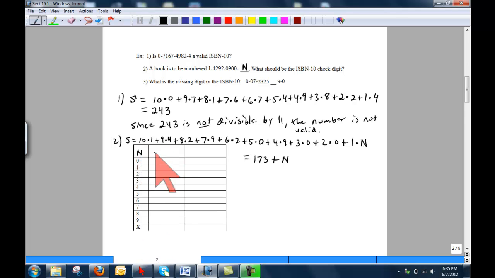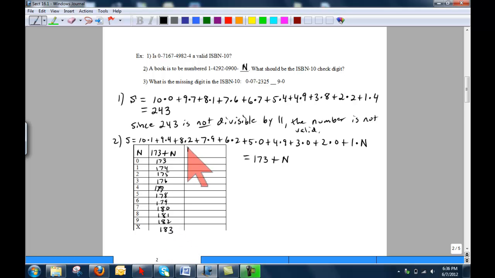This is N. This is 173 plus N. Now, I'm going to take the values of N one at a time. If N is 0, then 173 plus N is 173. If N is 1, then 173 plus N is 174. If N is 2, then the sum is 175, and so on. 176, 177, 178, 179, 180, 181, 182, 183.